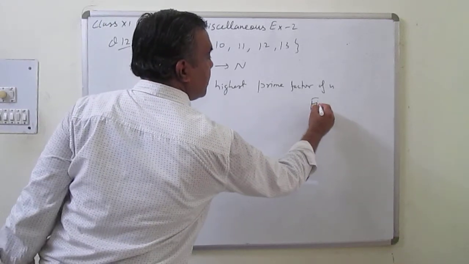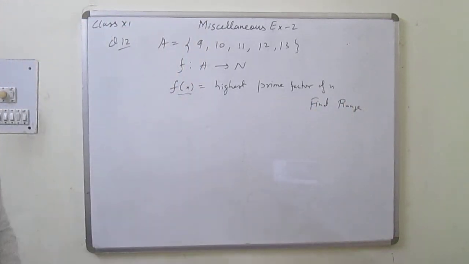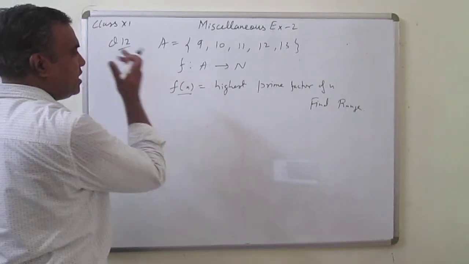You have to find the range of F. F(n) is the highest prime factor of n.